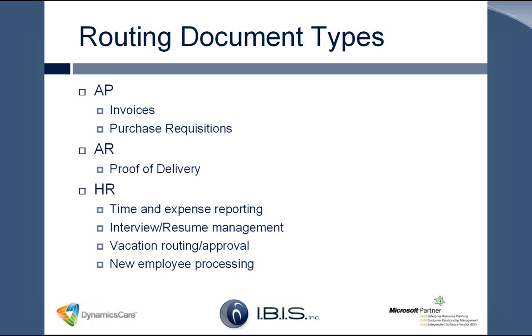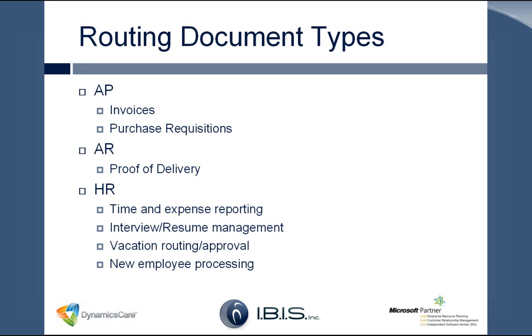In the area of accounts receivable, you can also automate the flow of information that's coming back, such as proof of delivery. There's also a plethora of document types that you can automate in the area of HR. Whether you're a Dynamics user or not, this will all come together exactly as we've laid it out, looking at rules, triggers, and actions.